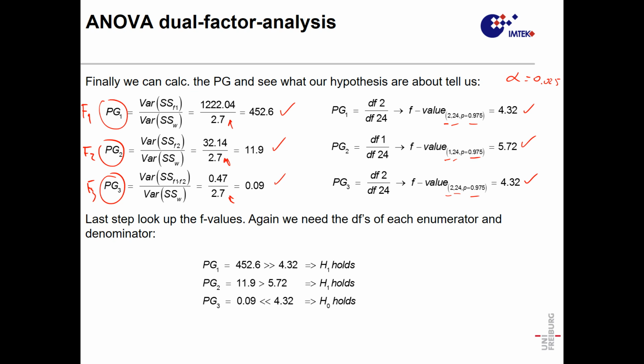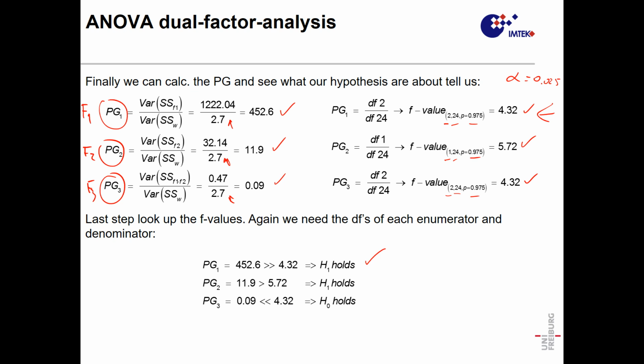Everything above this critical value will be significant, so we will reject the null hypothesis. Let's check each individually. Well, it looks like F1 is much larger than the critical value for F1. So we say factor 1 influences the agent, right?